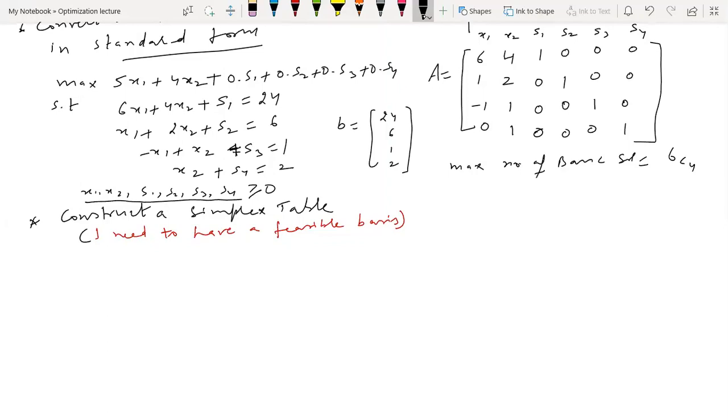Okay, so how can I guarantee with my given choice that this is a feasible basis? Out of 6 variables, I need to choose 4 variables in the basis. Why?